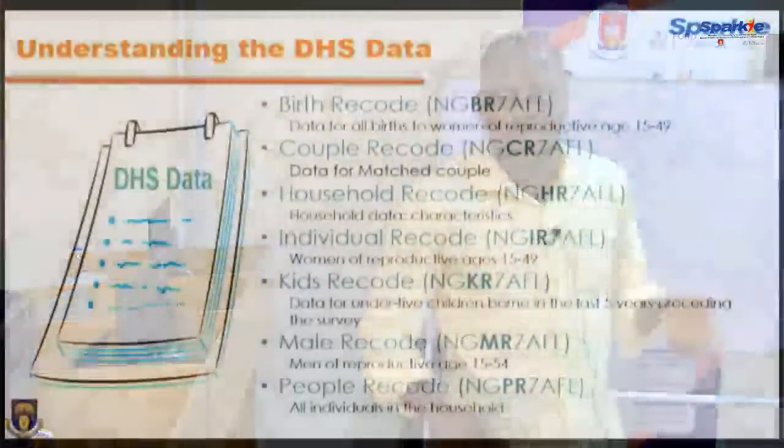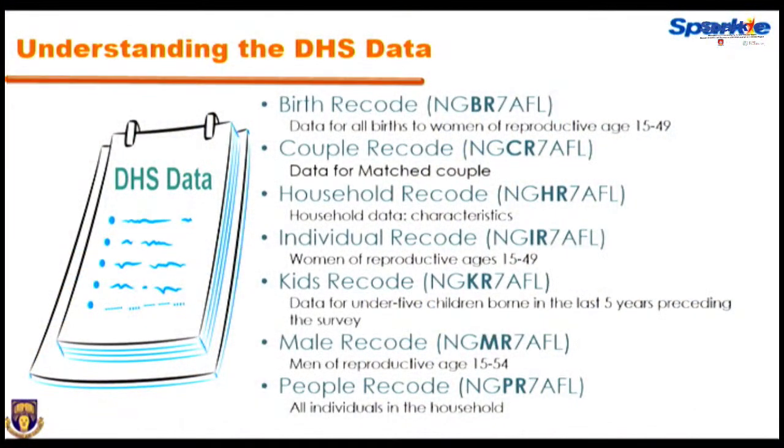The first one is birth recode. There are 8 data sets in the DHS data survey, right? There are 8 of them. The first is birth recode. Data for all births to women of reproductive age 15 to 49 years.